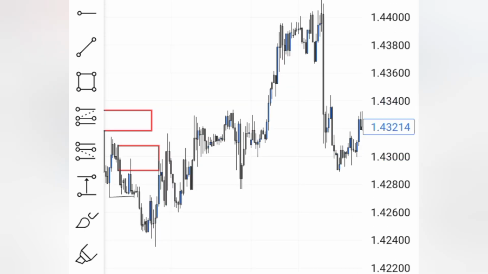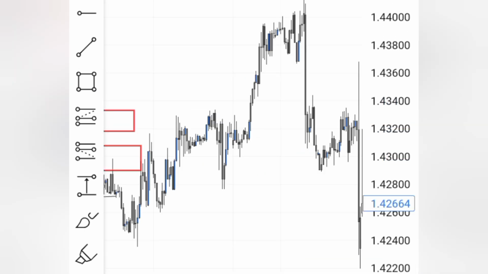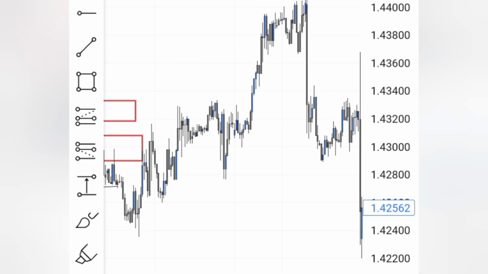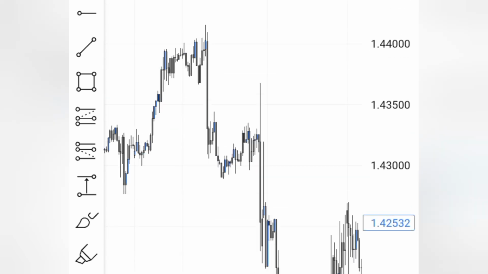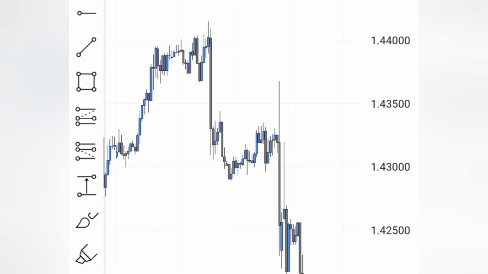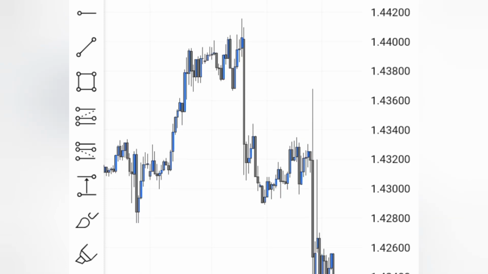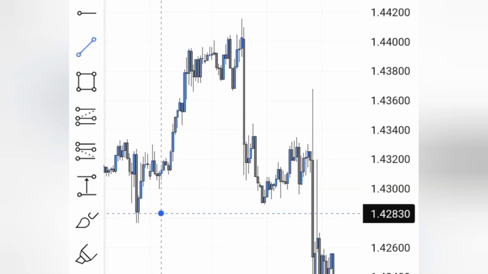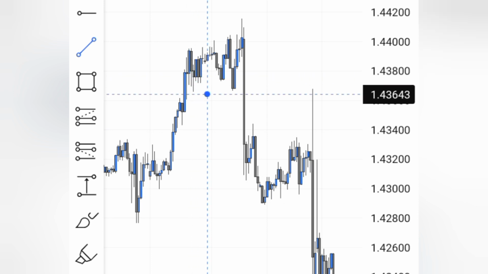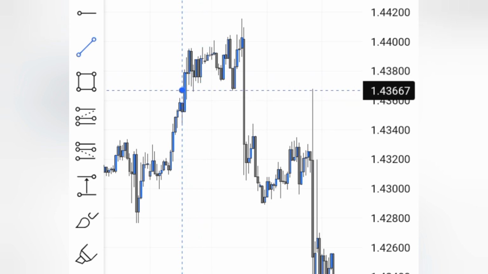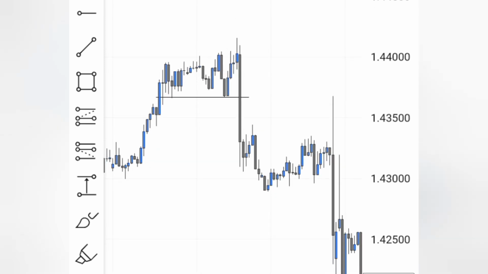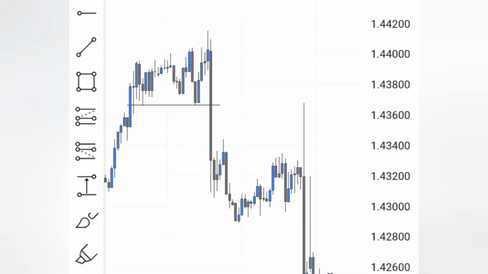When you combine it with this, you will see that it is a very high probability setup. When you see this market, it was making higher highs and higher lows until it reached here, and it consolidated. Then we were waiting for the break of this consolidation. When the market breaks that consolidation area, we always wait for it to come back to our zone, either a fair value gap or an order block.